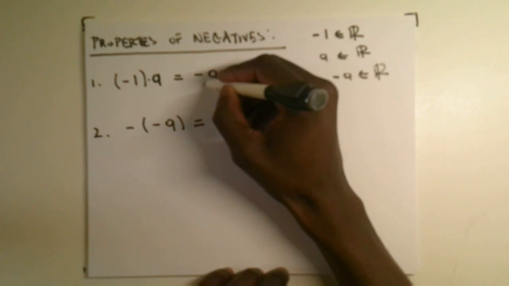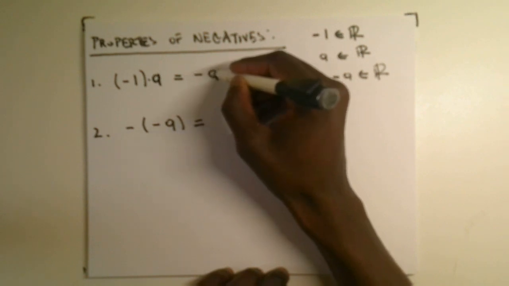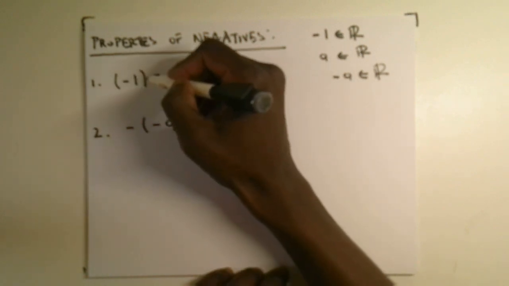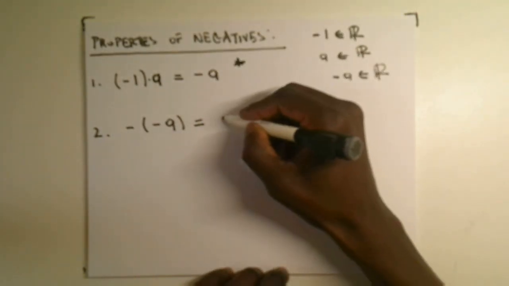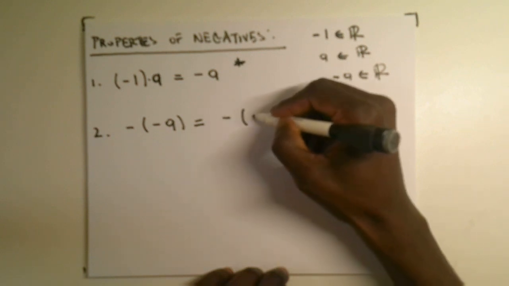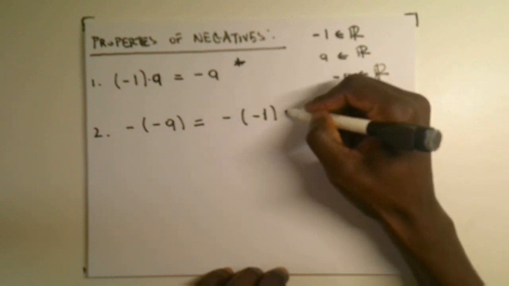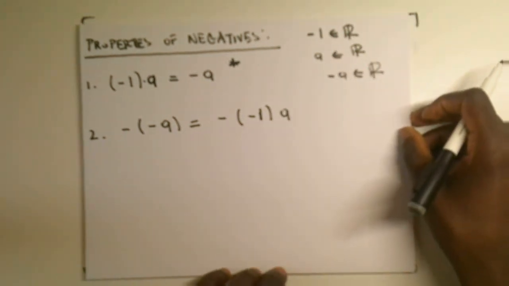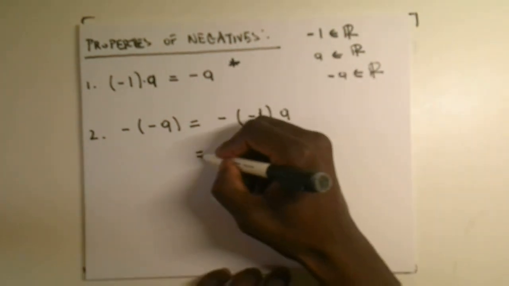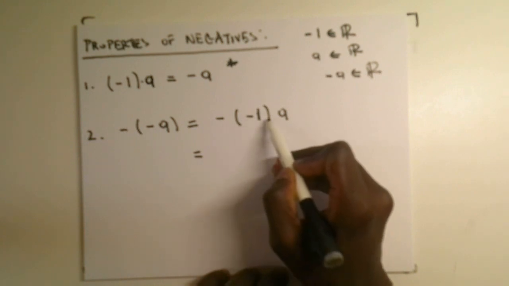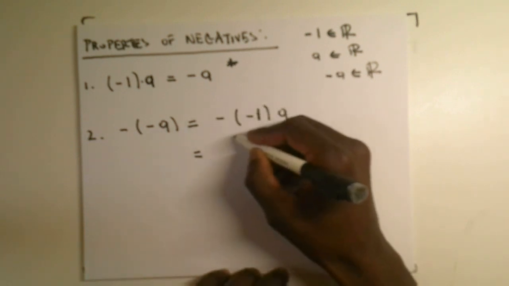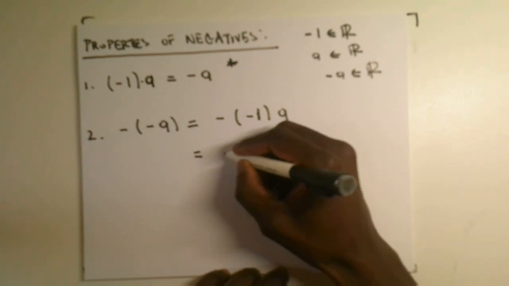Previously we saw that -A is an equivalent expression to -1 times A. So let's use this fact that I can rewrite this as the negative of -1 times A. Now -1 times -1 will become a positive 1, so this becomes 1 times A.